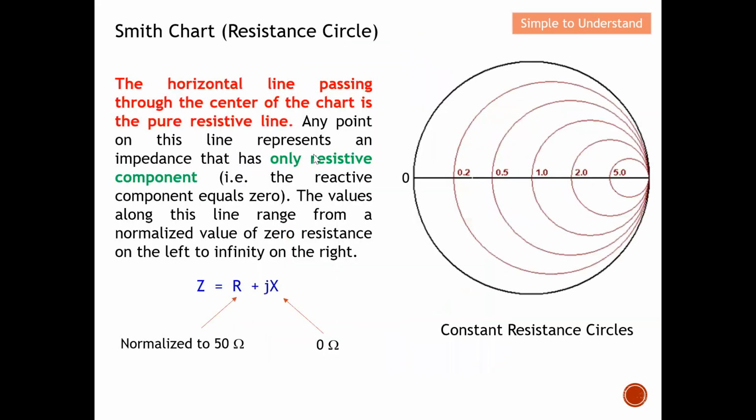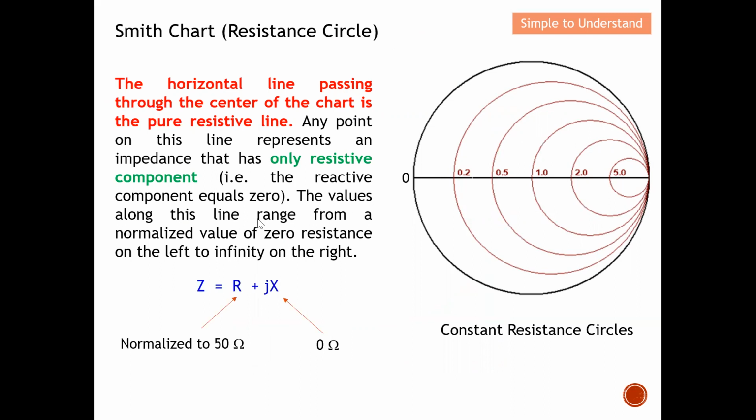So this is the meaning when you see any point that appears along this line: it is only a purely resistive component. And this is basically represented by this horizontal line passing through the center of the chart.